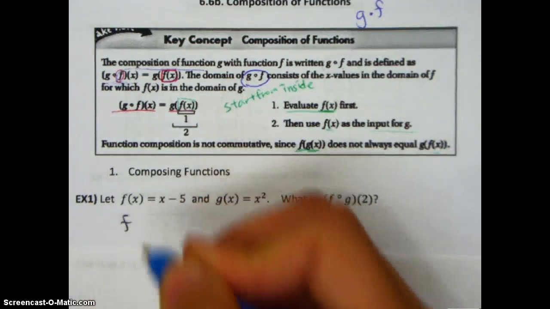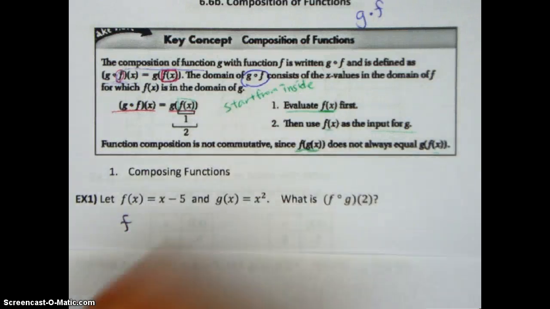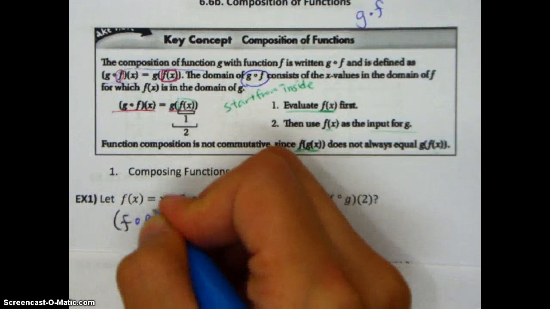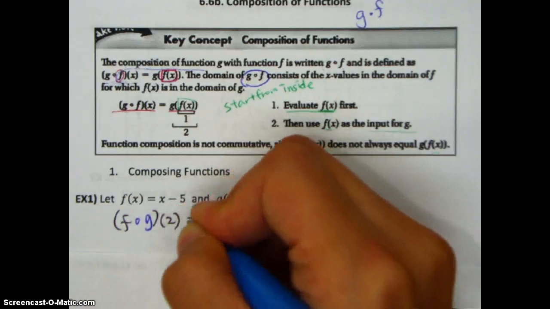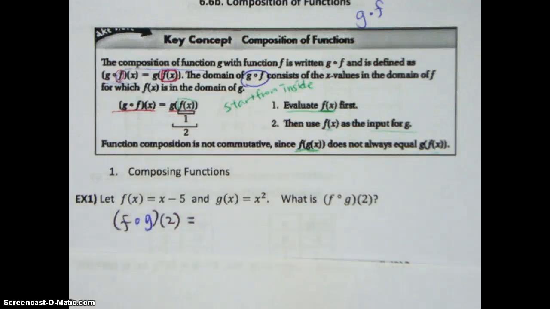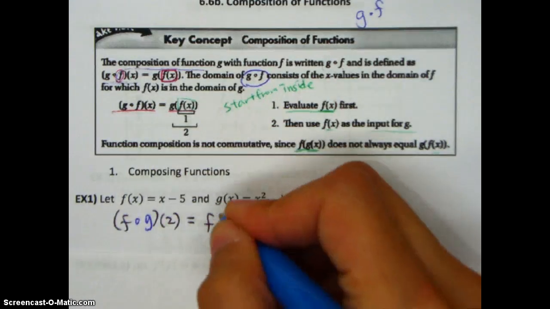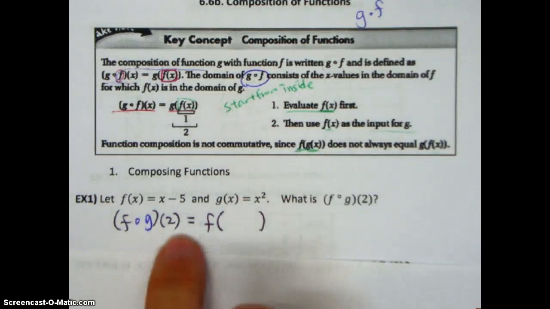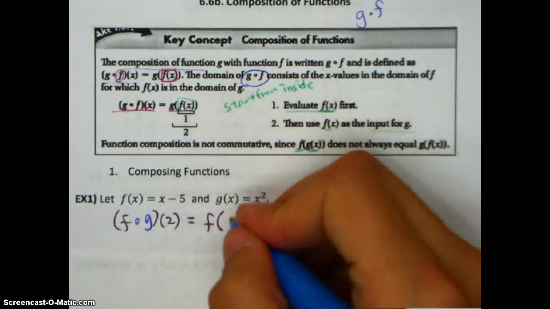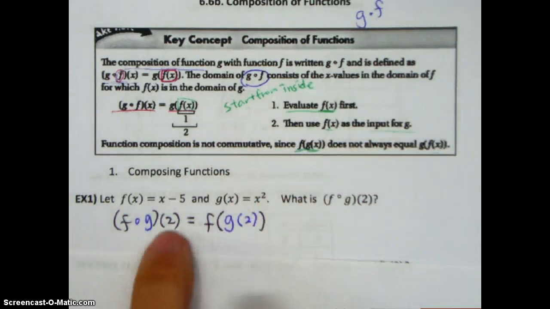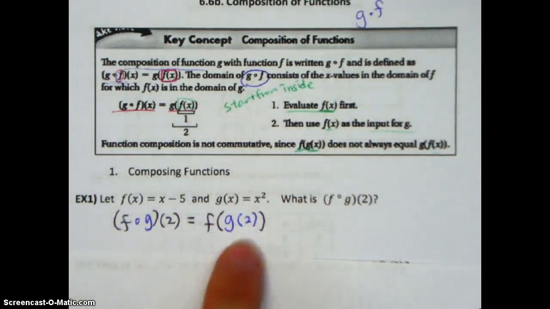When you see that notation, you can change it into the second notation, where the second part is inside the first part. So I'm just gonna put the first part first, G, and inside here I'm gonna put the second part, which is F of X. Because X is 2, I'm just gonna write F of 2.